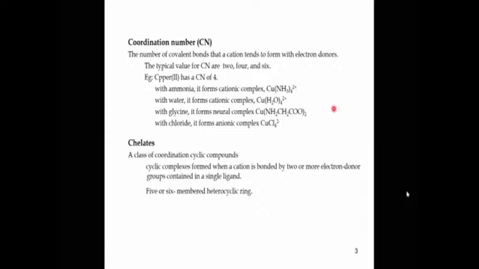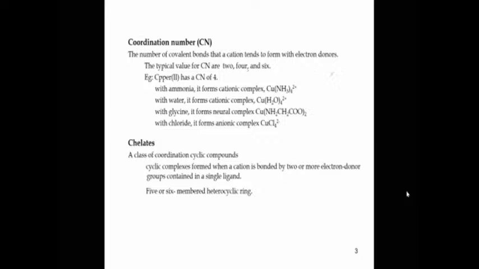The coordination number, by definition, is the number of covalent bonds that the cation tends to form with electron donors, right? So simply, it is the number of coordination bonds a metal ion can make with ligands.